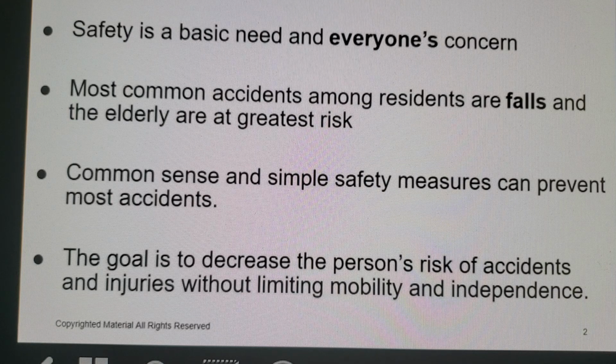Now, there are two words bolded here, everyone and falls, okay? And your students, out of all of these words, out of these 4 bullet points, they're only going to remember the 2 words, falls and everyone, right? Because those are the bolded words.